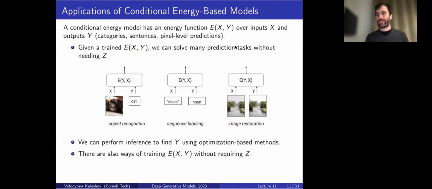And again, you might ask yourself, well, this all assumes that I have a trained energy model. Where does it come from? I'll tell you one way of doing this later in this lecture, and then we're going to see an even better way in the next lecture. And also, I'll add that energy-based models can be thought of as a framework that generalizes a lot of types of probabilities that we have seen before.